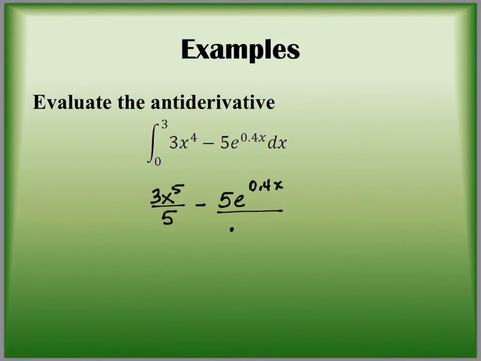Nope, not the natural log on this one because it is base e. Yep, so it looks like that. All right, this is just not working. There we go. We would put plus c, but I have definite limits of integration, so I don't really need it here. I'm going to evaluate this at the limits of integration 3 and 0. Okay, what that really means, we're going to go ahead and write it out longhand, is that we plug the 3 in.